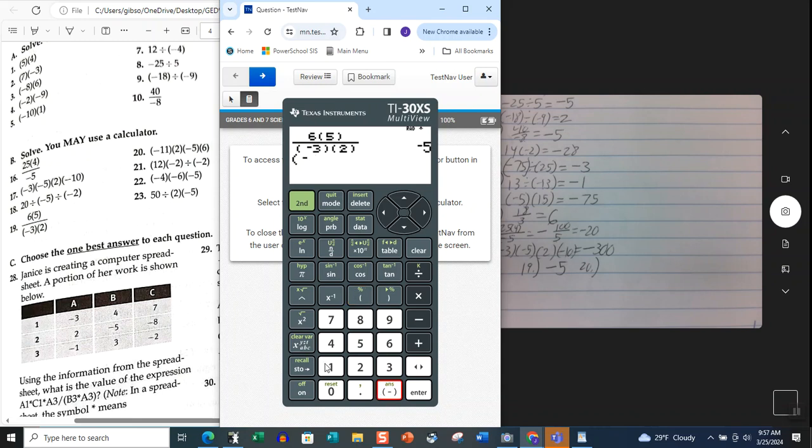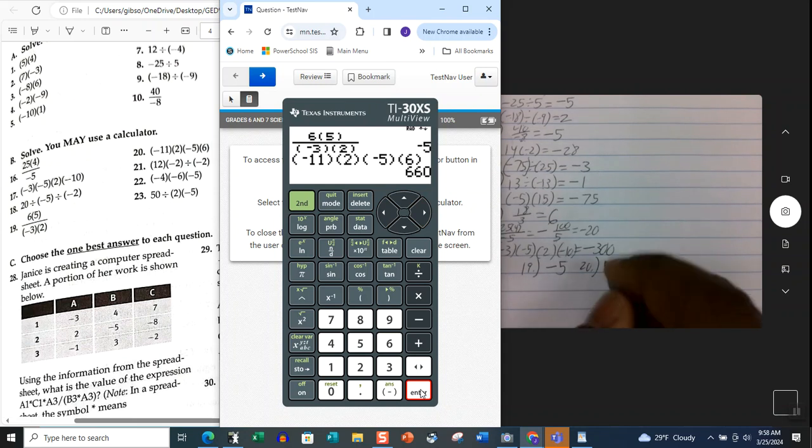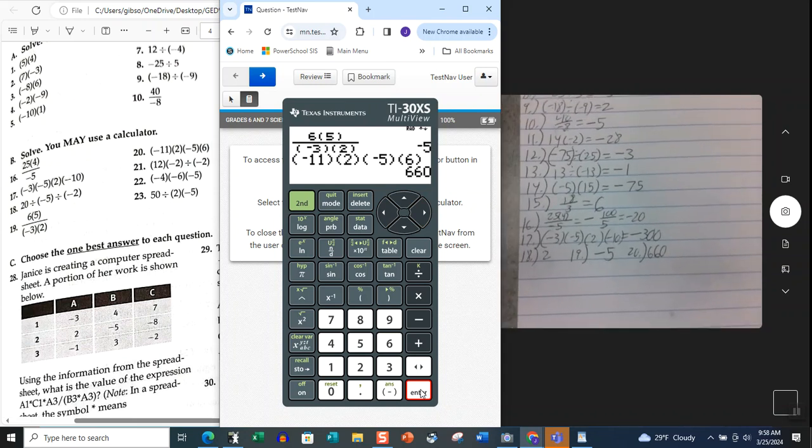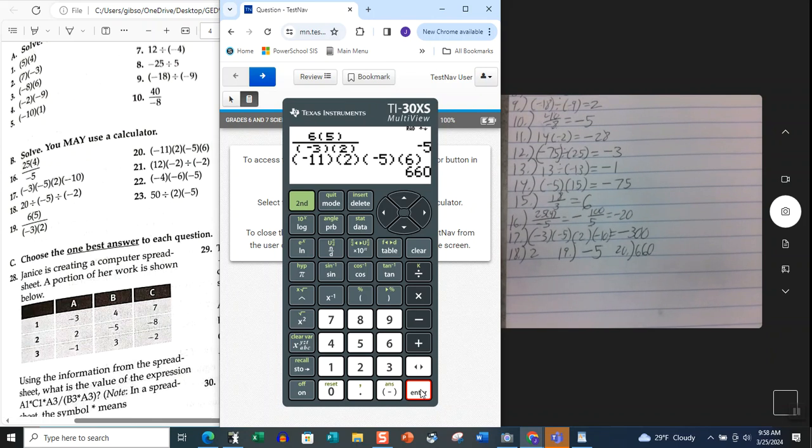We had negative 11, 2, negative 5, and then 6. That gives us 660. Okay, so now that took care of 18, 19, and 20.